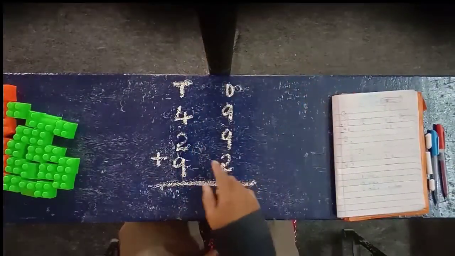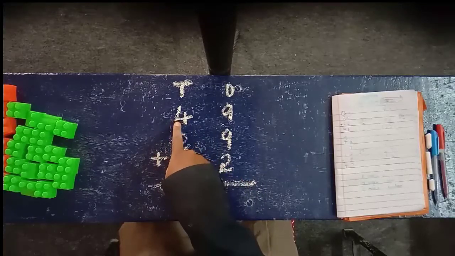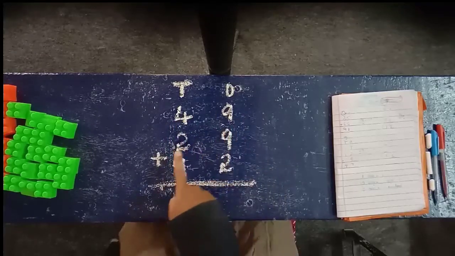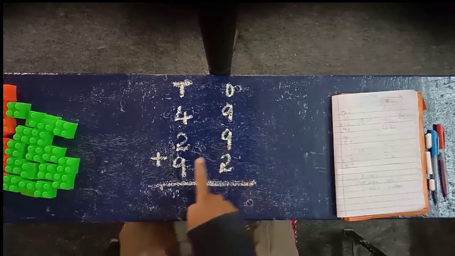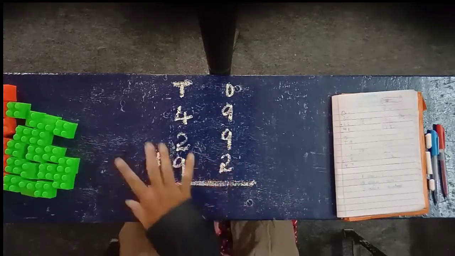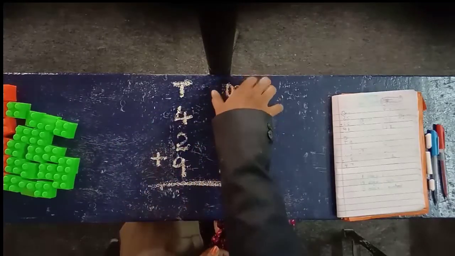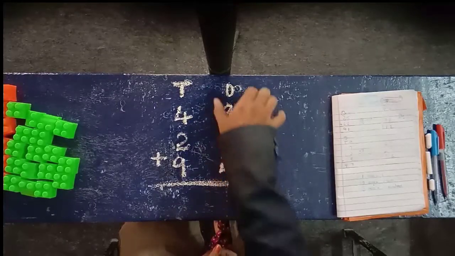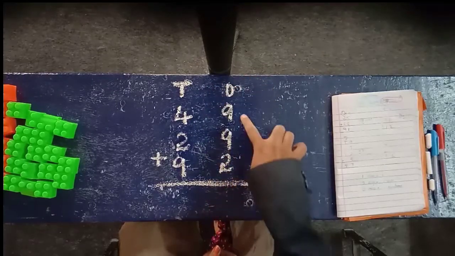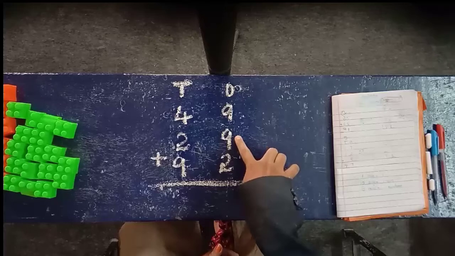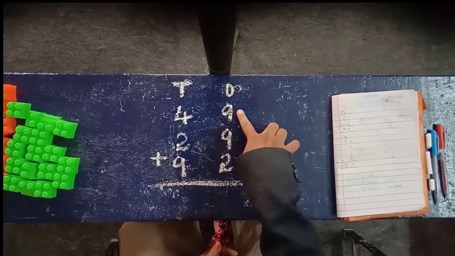Yes, children. Now the next problem. First number is 49. Second number is 29. Third number is 92. Let me arrange these here. Ones digits once again. Have a look at the ones digits: 9, 9, 2. The first number has 9.